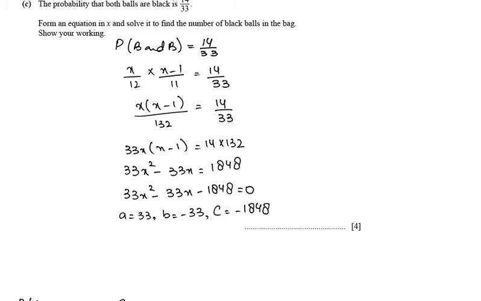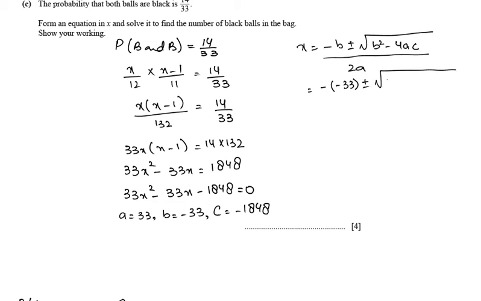Now we will substitute this in the quadratic formula, x is equal to minus b plus minus under root b square minus 4ac upon 2a. Substituting all values, minus of minus 33 plus minus under root minus 33 square minus 4, a is 33 and c is minus 1848, upon 2 into 33.